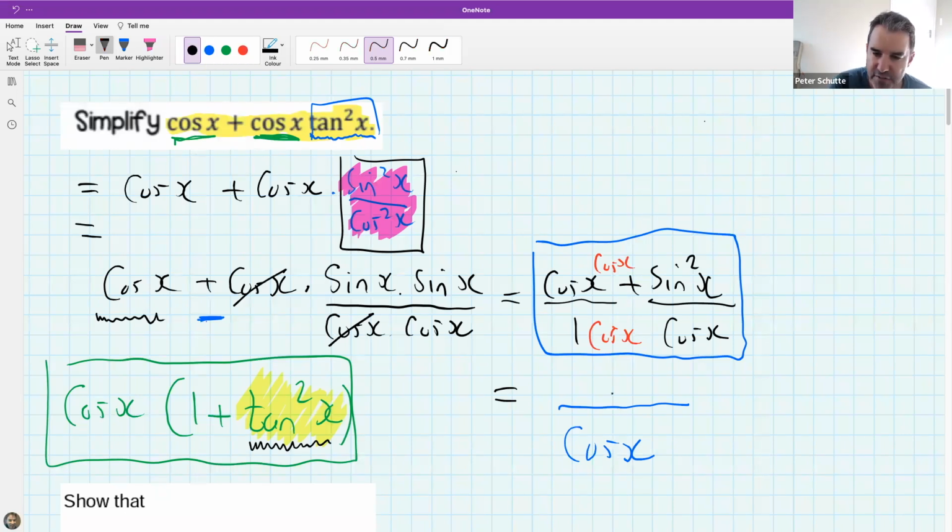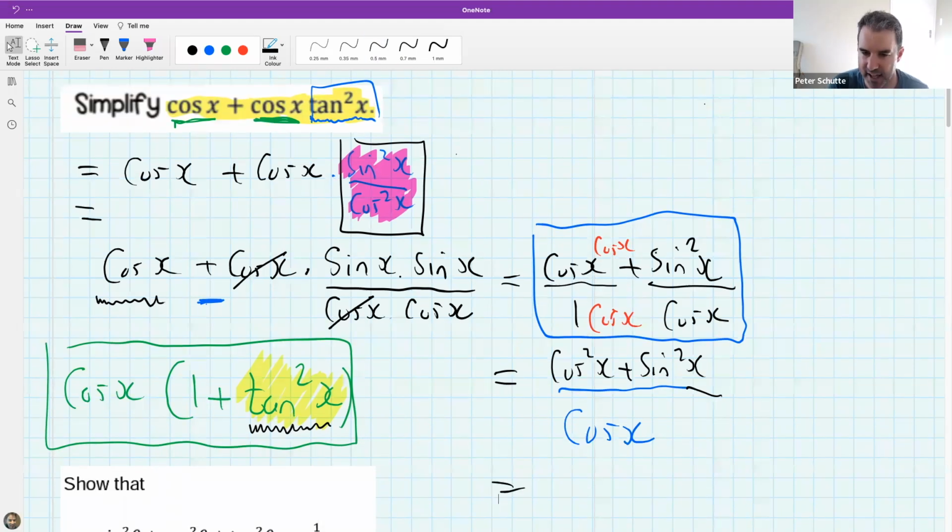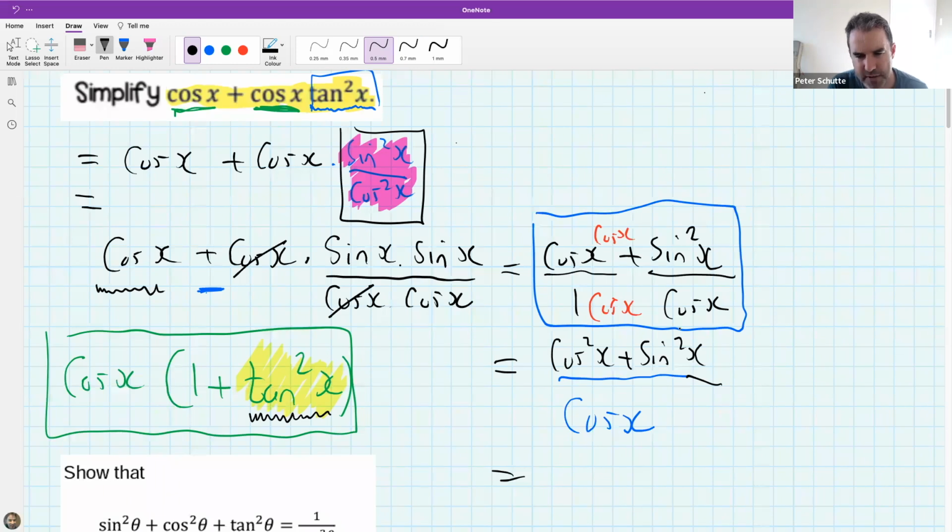Now, if I do that, I'm going to get cos squared x plus sine squared x over cos x as my next step. Give me a thumbs up if you understand how I went from there to there. Give me a thumbs down if you feel a bit lost. What I've tried to use is the common denominator.